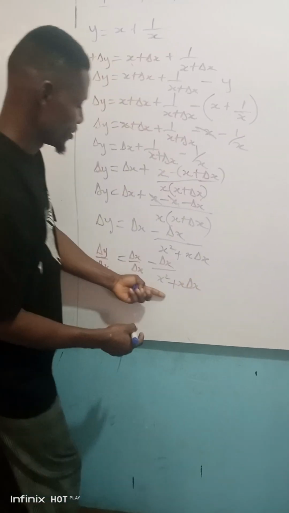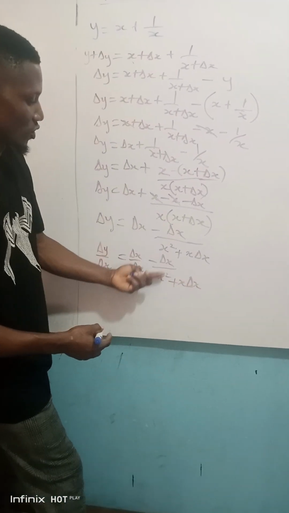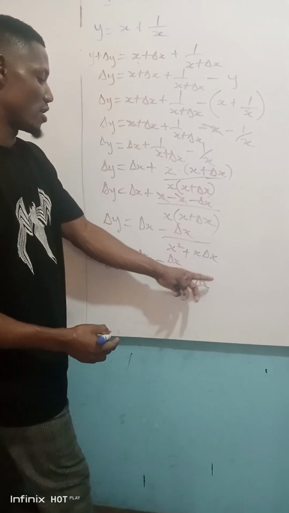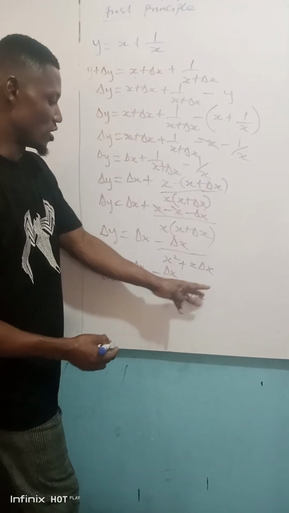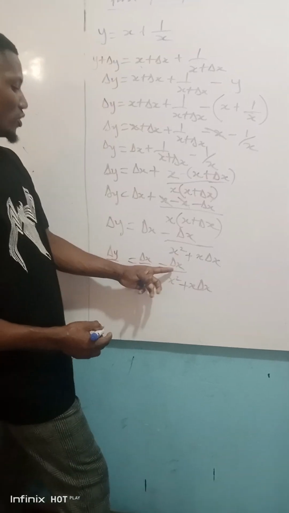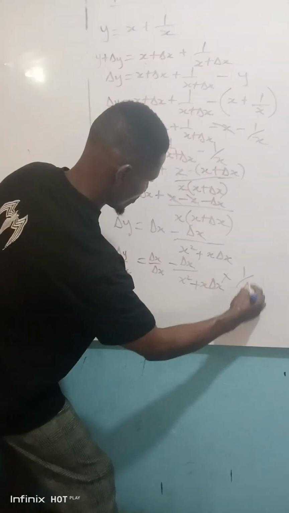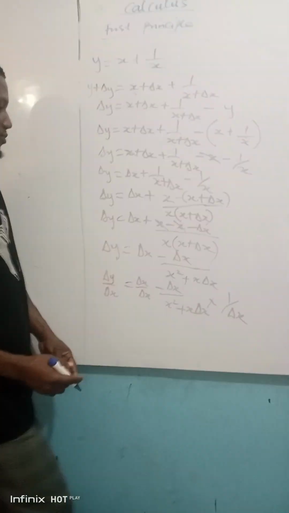Remember we say we divide, so we can't have two division signs. So we introduce a multiplication sign and the reciprocal of the denominator ensues. That will be times 1 over change in x.